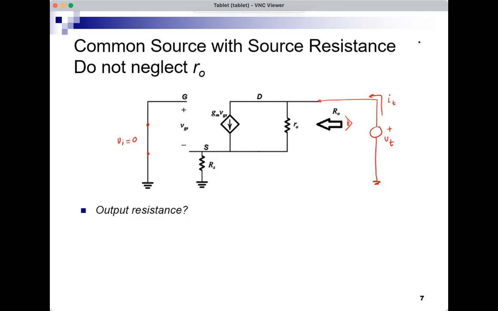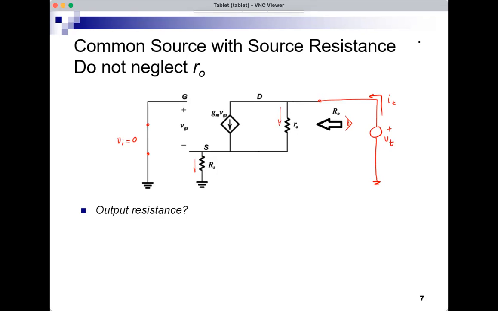So this is the situation now. And I cannot really say that VGS would be 0 in this case, because there's some current coming from V-test, and so it will flow here, and something will flow here.